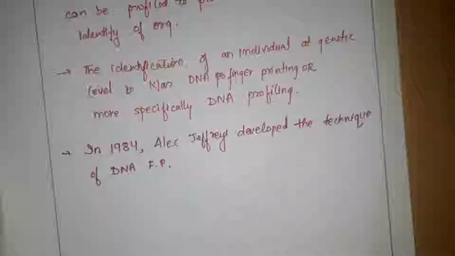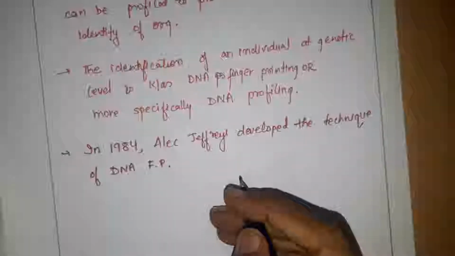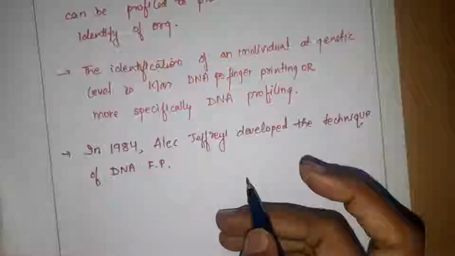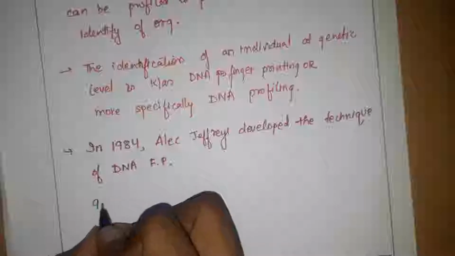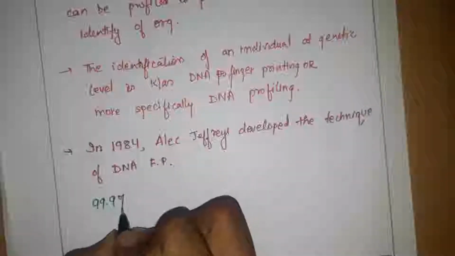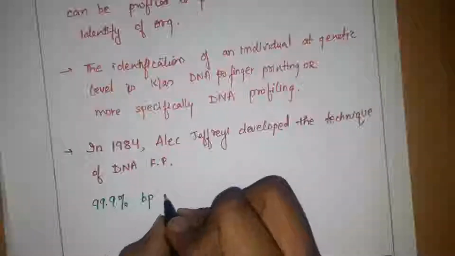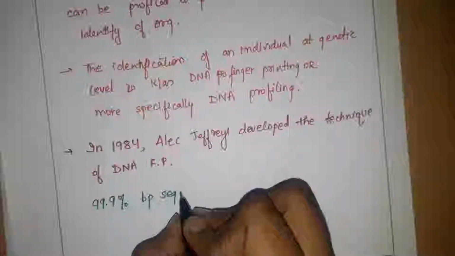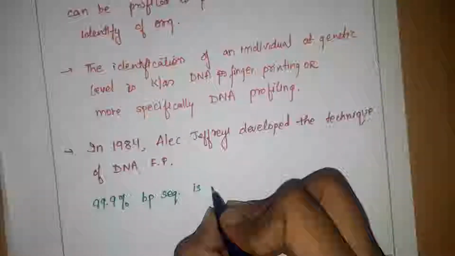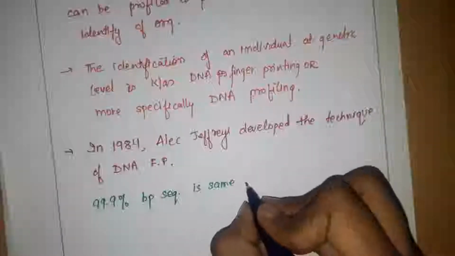Now, from the Human Genome Project, we know that 99.9% of the base pair sequence is the same in all.